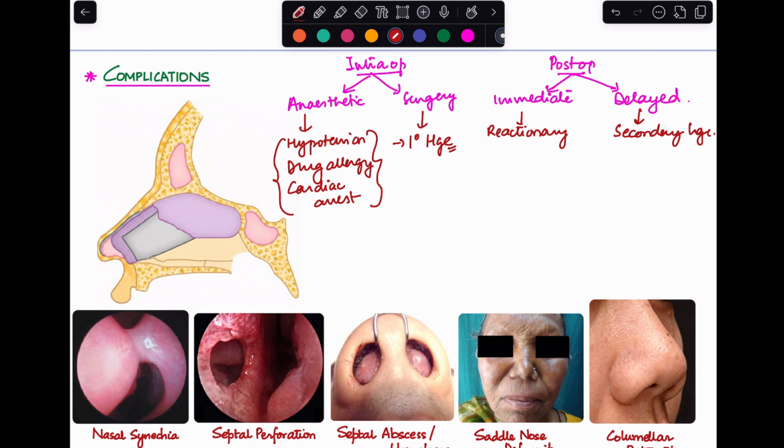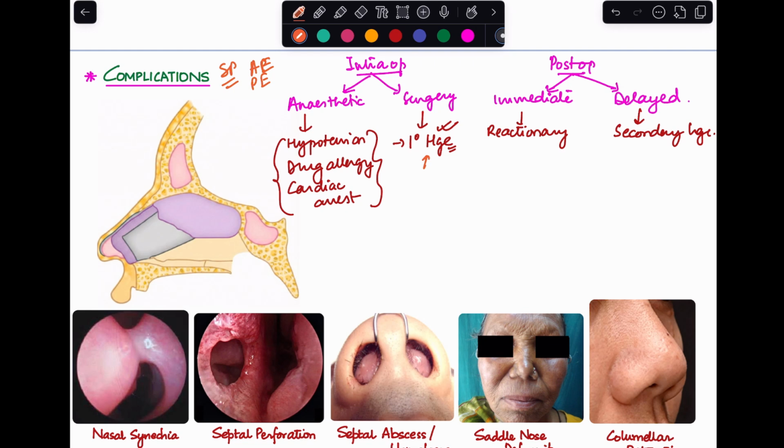So, primary hemorrhage is the hemorrhage that is occurring at the time of surgery, and this usually happens because of injury to different arteries. Like, for example, the sphenopalatine artery can get injured, or the anterior ethmoidal artery, or the posterior ethmoidal artery, or even the septal branch of the superior labial artery. All of these arteries can get injured during the time of surgery, and that can lead to primary hemorrhage.